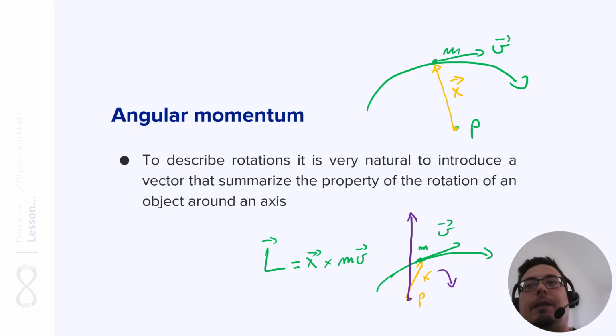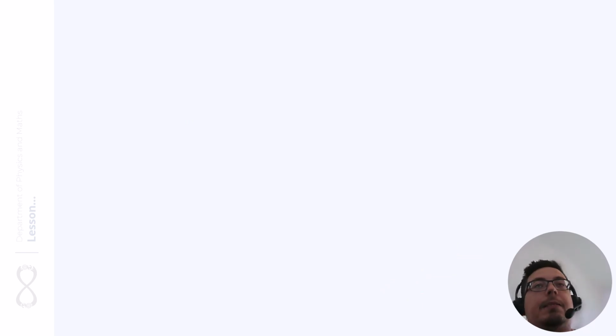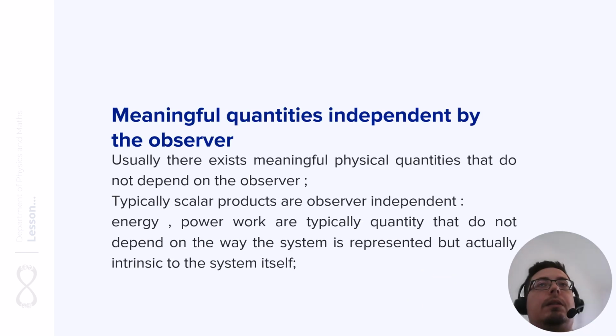Not only scalars, but other meaningful quantities that do not depend on the observer are, for example, the ones given by the scalar product, like energy, work, the magnitude of an object, which is actually the magnitude of a vector.